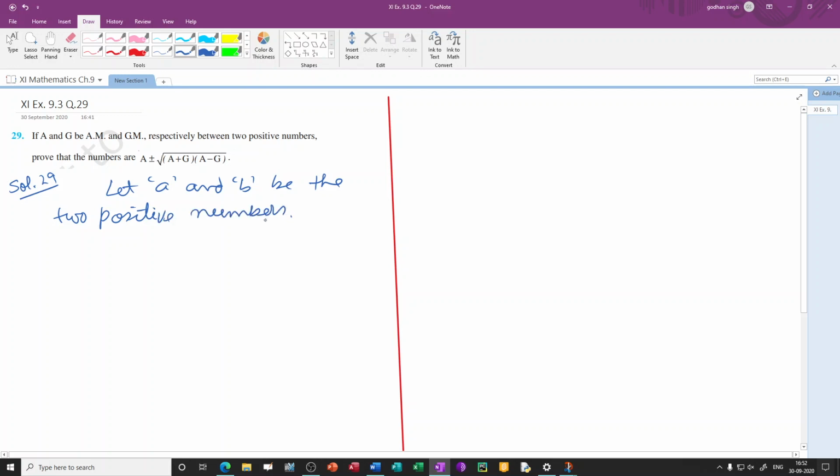And we'll take capital A as the arithmetic mean, the AM. So capital A is equal to a plus b by 2. And what is the geometric mean? G equal to geometric mean.